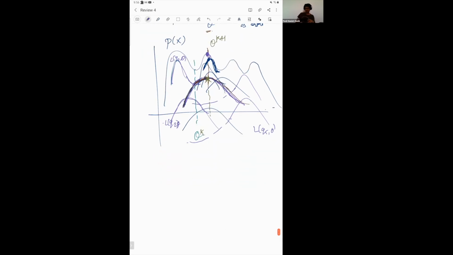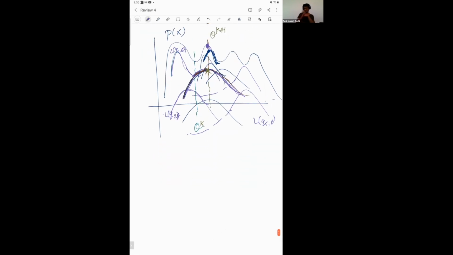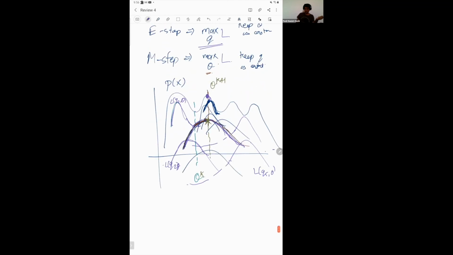But any doubts in the diagram? Was the diagram clear to you, everyone? Are you able to first visualize intuitively why maximizing the lower bound gets us what we actually need, a local optimum of this p of x that we are interested in, and how smartly we are moving iteratively, optimizing over q, then optimizing over theta, optimizing over q, and optimizing over theta.